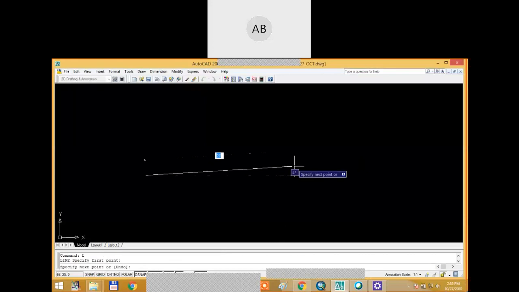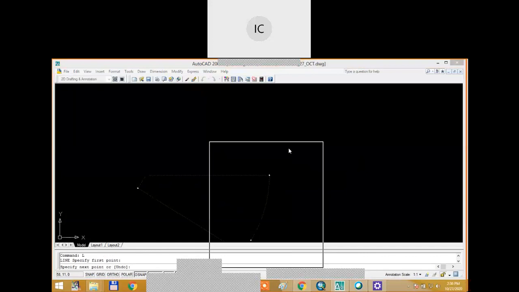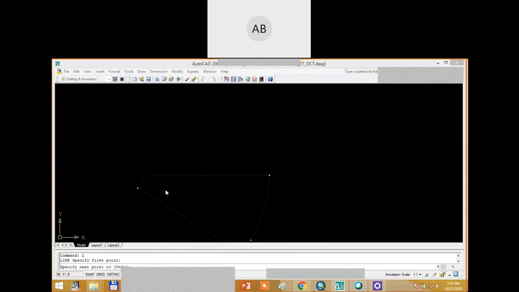I'll draw it again. So 19 centimeter means how many millimeter? 190. So the first length should be 190, at 190 angle 0. Okay.